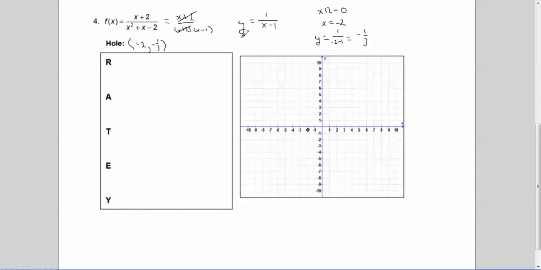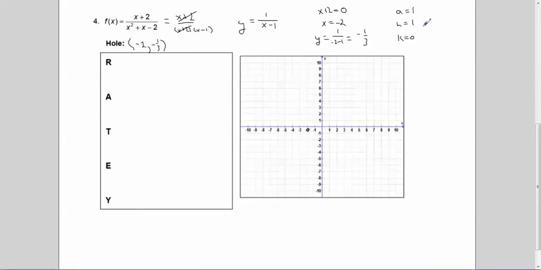So plotting this function, y equals 1 over x minus 1, using transformations, first we need to identify that a equals 1, that top number. Our h equals 1, which is this x minus 1, and our k equals 0.